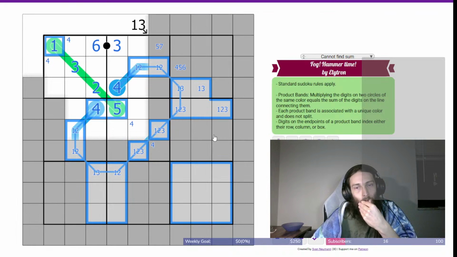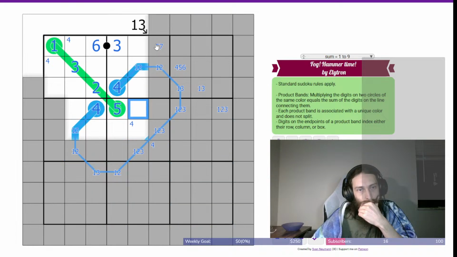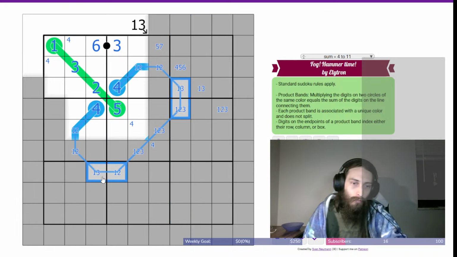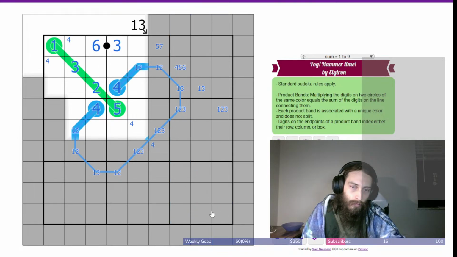Well, in column 7, there has to be a 1 in one of those two on the blue line. Right. And a 1 in one of those in row 2, column 7.